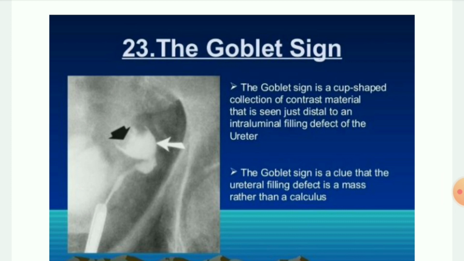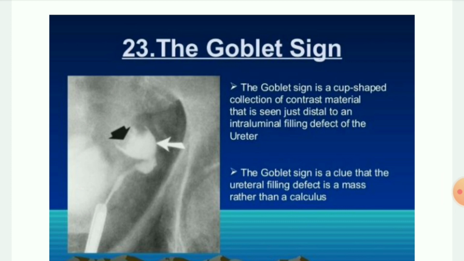The goblet sign is a cup-shaped collection of contrast material that is seen just distal to an intraluminal filling defect of the ureter. The goblet sign is a clue that the ureteral filling defect is a mass rather than a calculus.